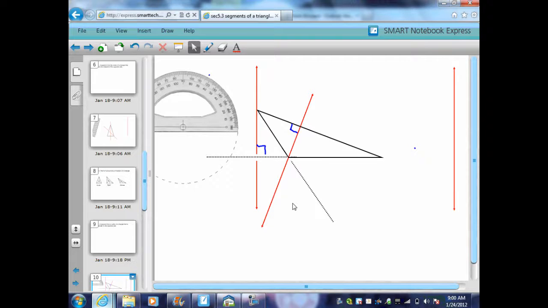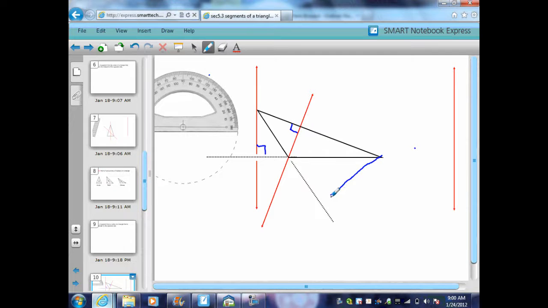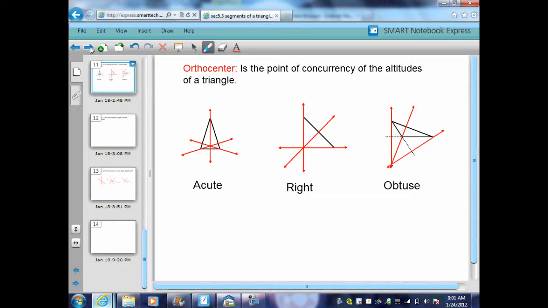Now I would create a segment, and I'm just going to draw this in by hand, from this vertex that is perpendicular to that side. And as in the previous definitions, I have points of concurrency.